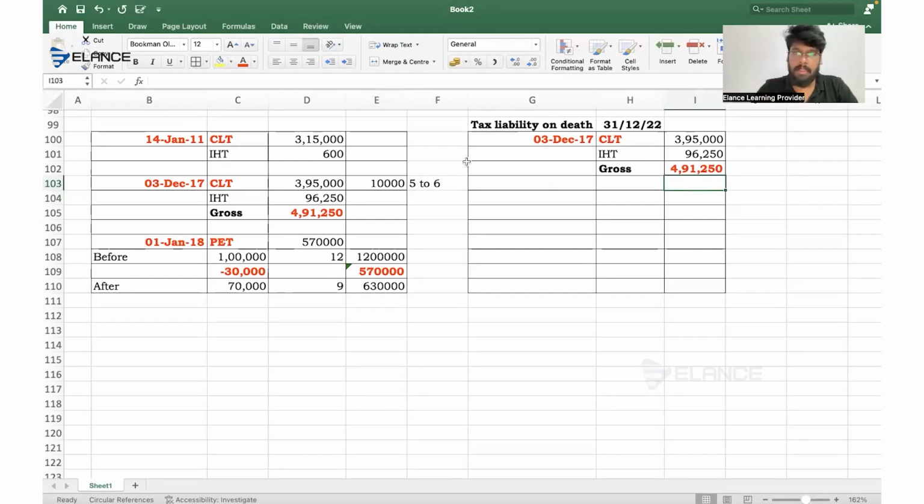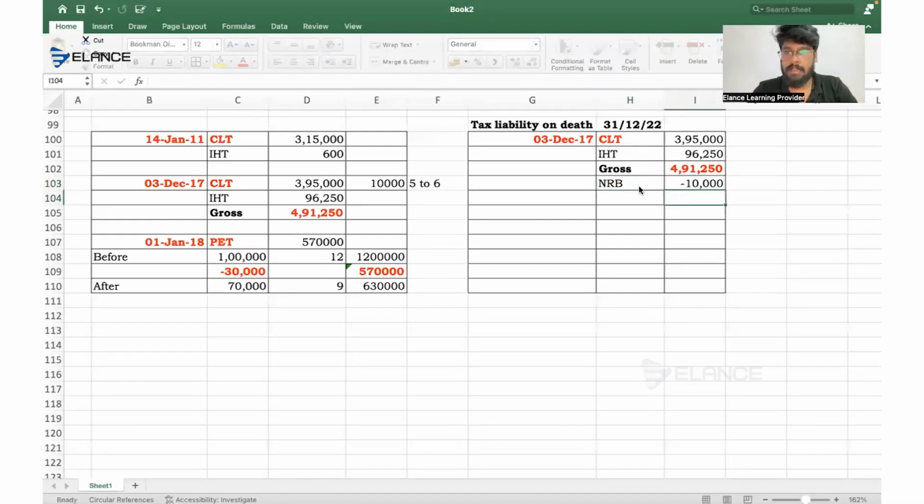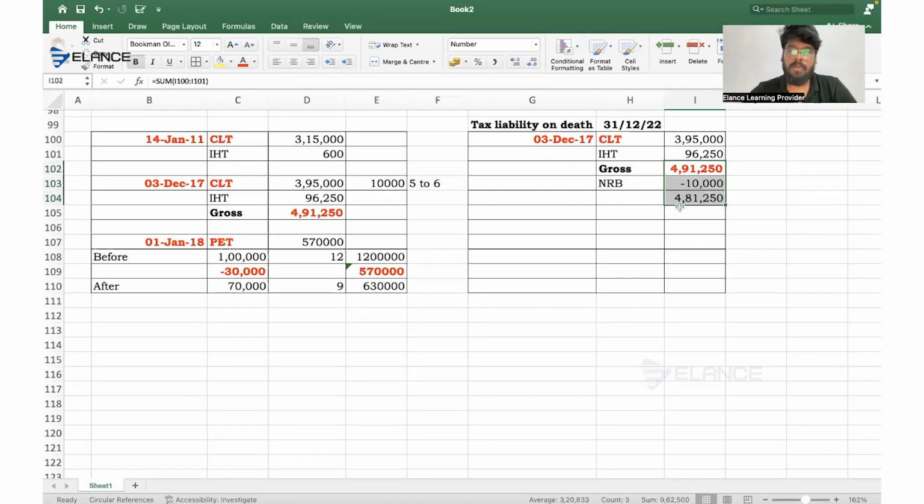On death, this transfer will be chargeable again, and they can use the nil rate band of 10,000 on death also. So after deducting the nil rate band, the chargeable amount will be reduced to 481,250.